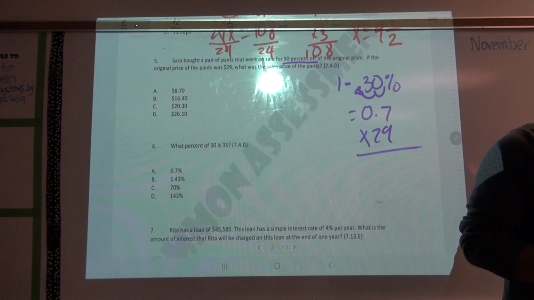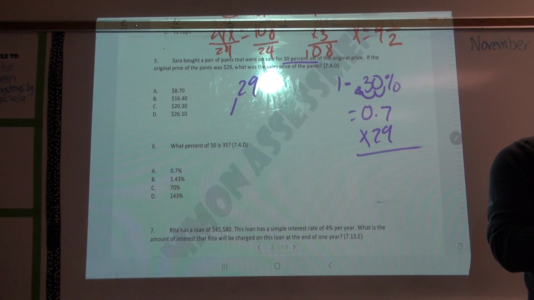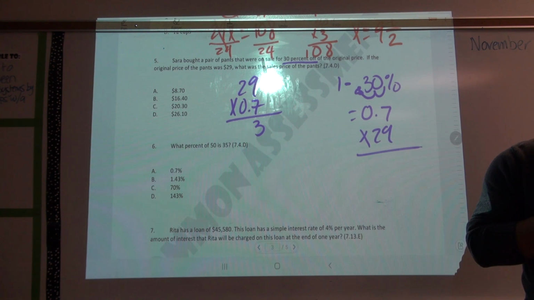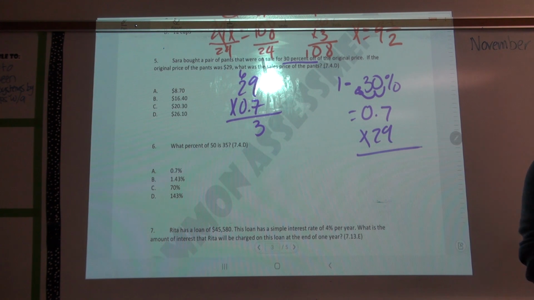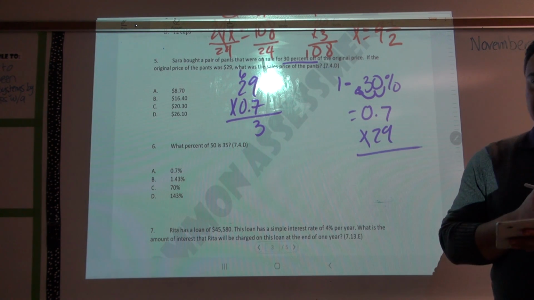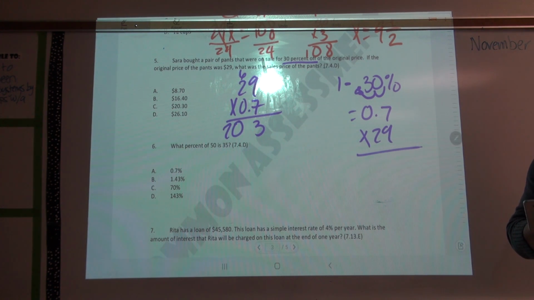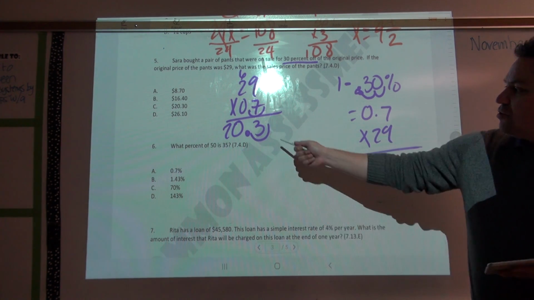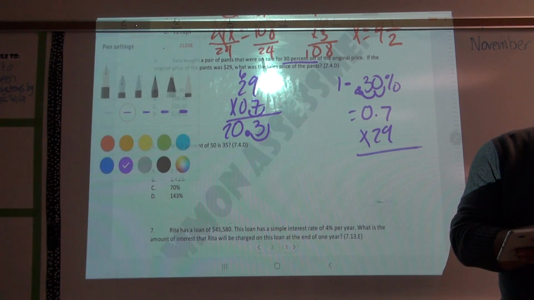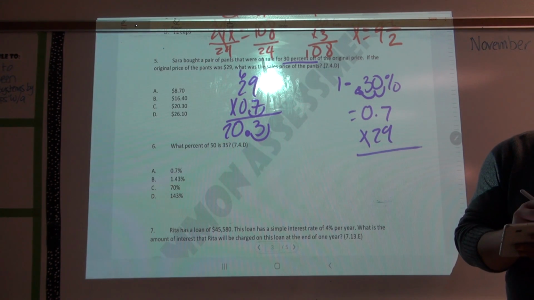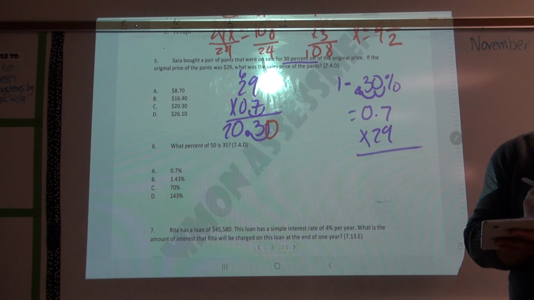When you multiply 29 times 0.7, 7 times 9 is 63, so carry the 6. 7 times 2 is 14, and 6 is 20. So you move the decimal 1, so 20.3. We're talking about money, so what do we have to add over here? A 0, because it's not 3 cents but 30 cents. So my answer is C.